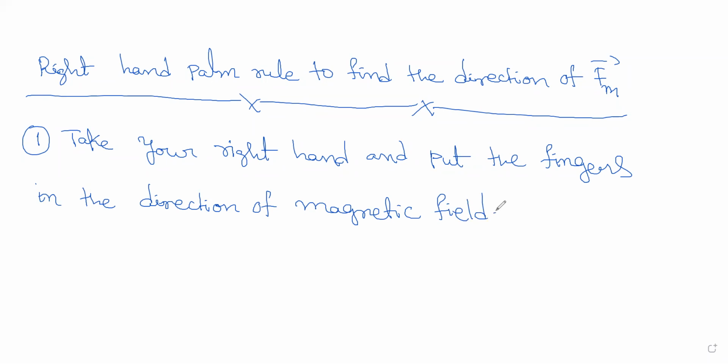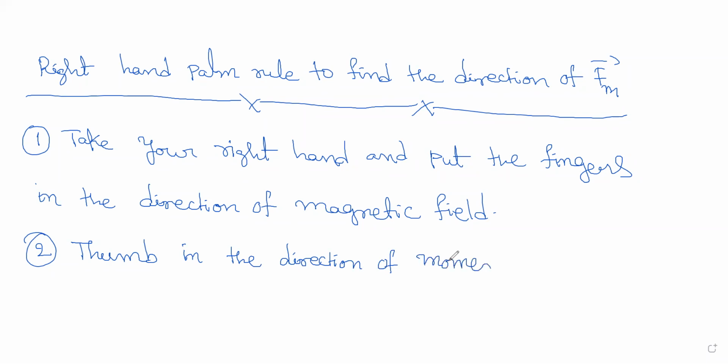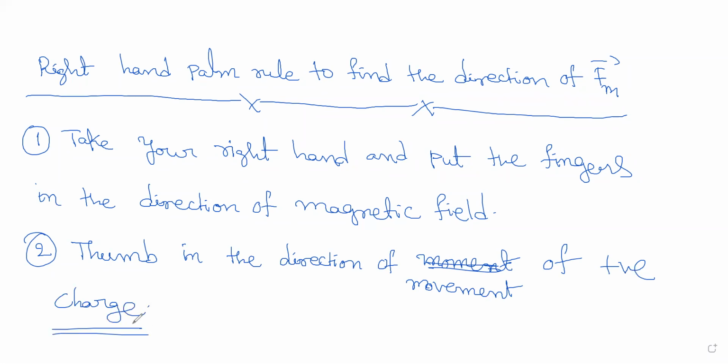Put the fingers in the direction of the magnetic field. Next, the thumb in the direction of movement of positive charge.